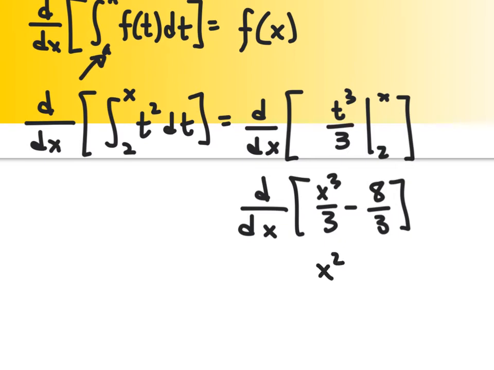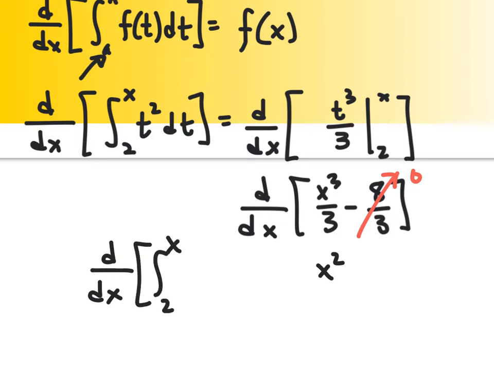And what's the derivative of a constant? Nothing. Therefore, the derivative with respect to x of the integral from 2 to x of t squared dt is simply this value, x plugged in for t.